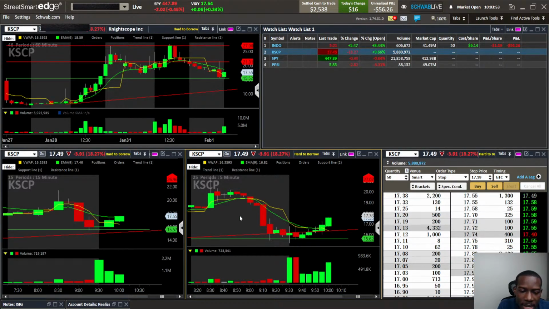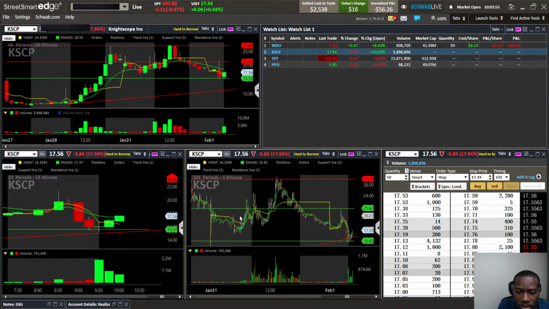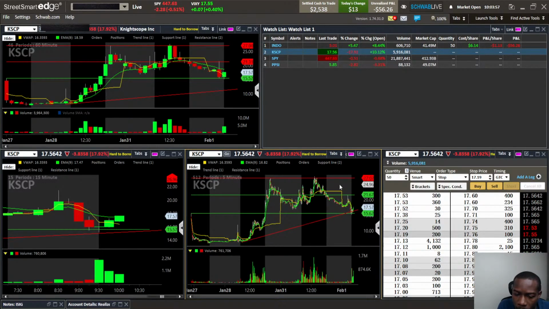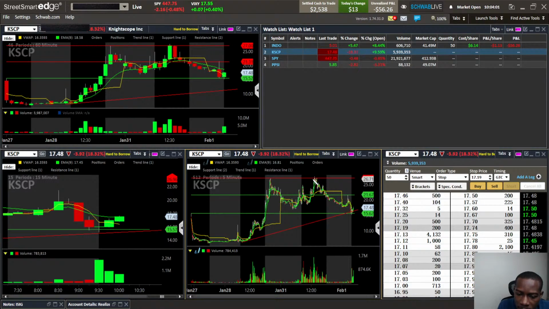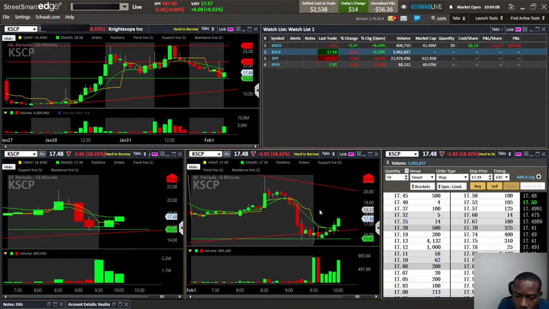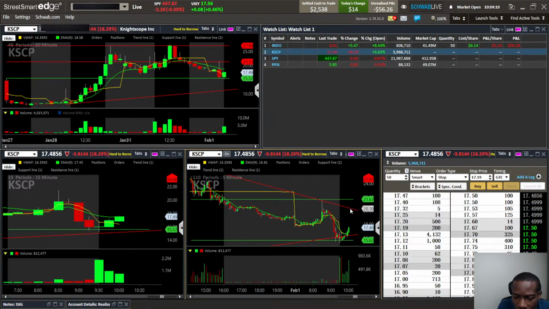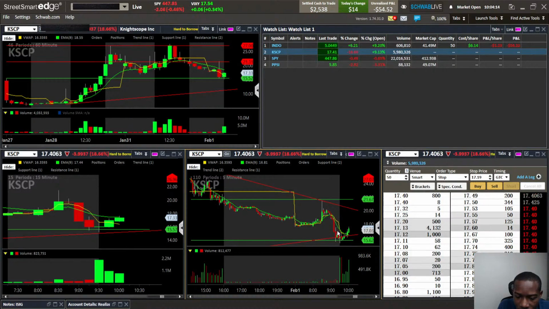So where would you be adding in if you were a short? Let's see. So we got this nice downtrend. We know there's the high up here of 20, which it probably won't reach back to.